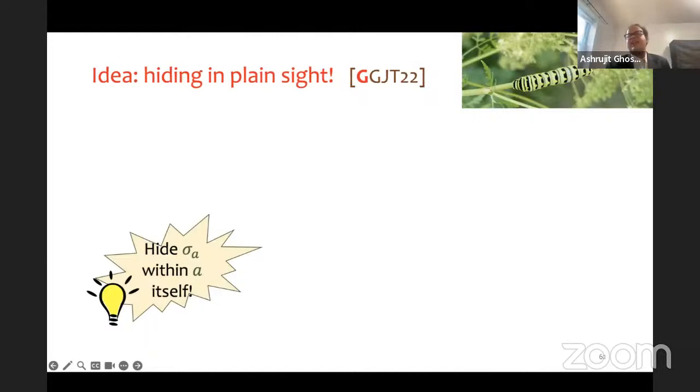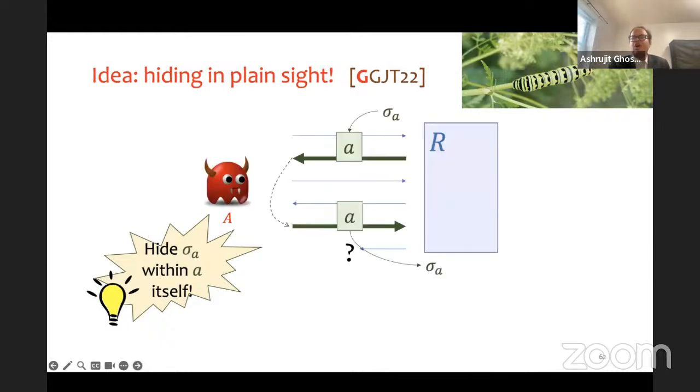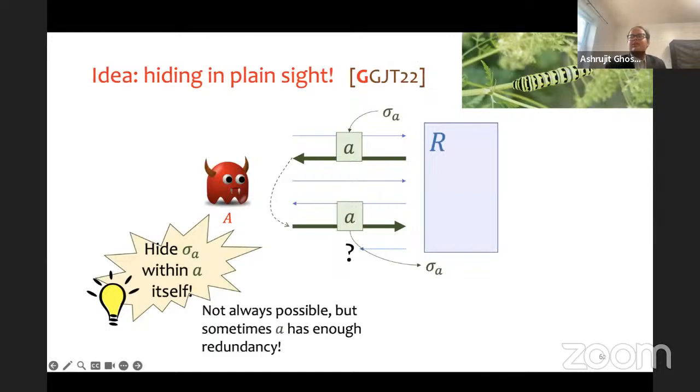We call our main idea hiding in plain sight. We figure out a way to hide this sigma a within A itself and then recover it later. Of course, this is not always possible, but when A has enough redundancy, this can be done. And it turns out in many cryptographic proofs, this is indeed the case. Due to interests of time, I'll not go into concrete examples of this, but I'm happy to tell you more about this offline.